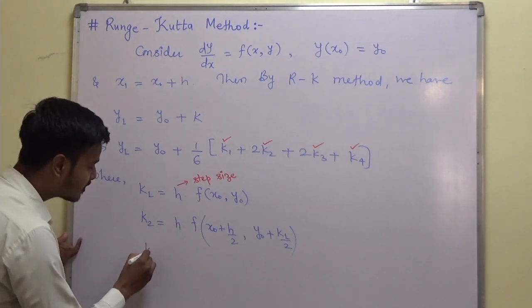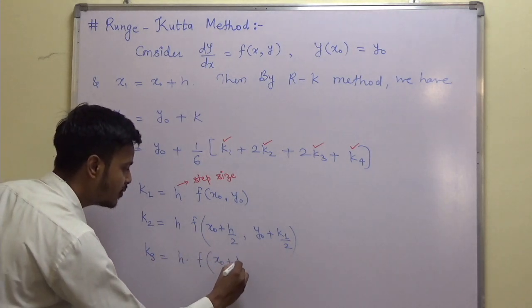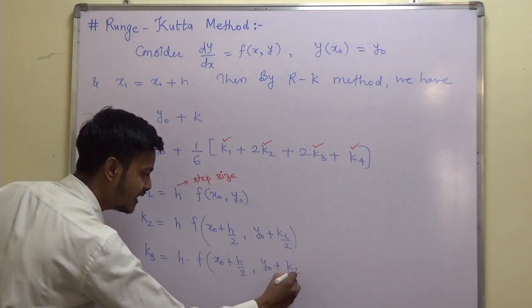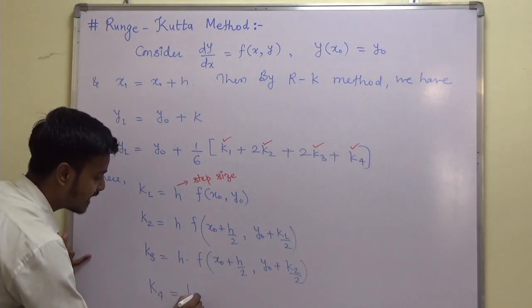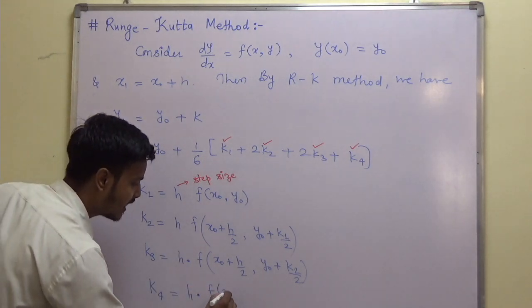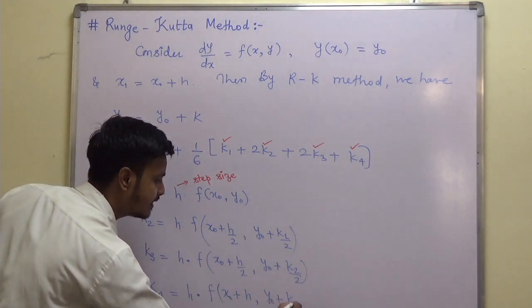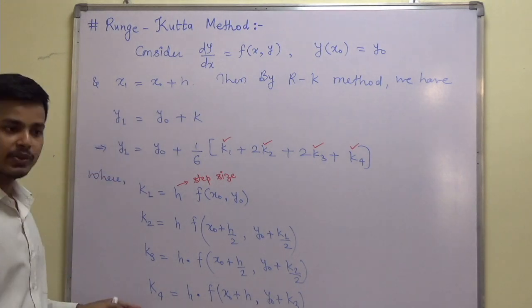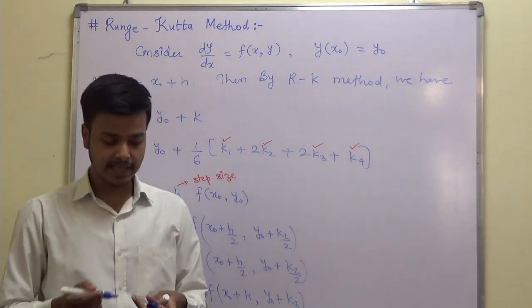The formula for the third one would be h into f of x0 plus h by 2, y0 plus k2 by 2, and k4 is h into f of x0 plus h, y0 plus k3. So you just need to find all these k1, k2, k3, k4 and substitute in the formula to get the desired result.